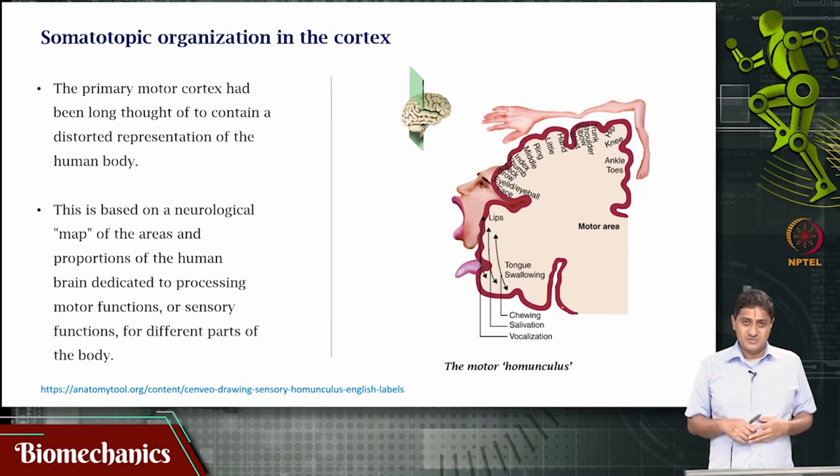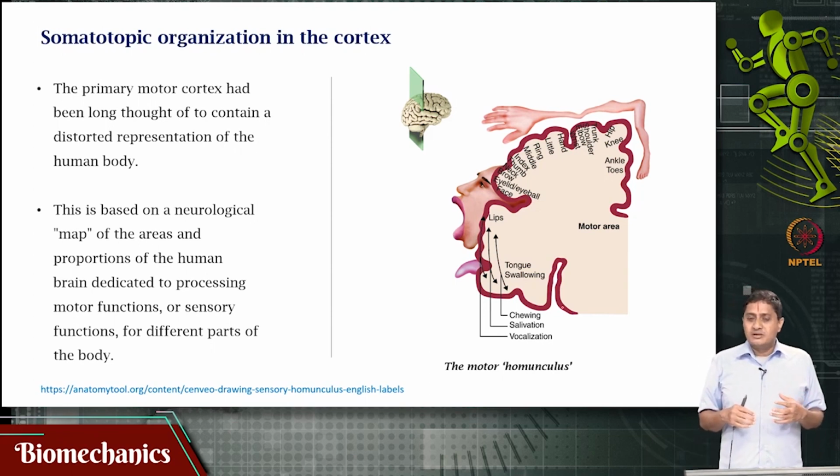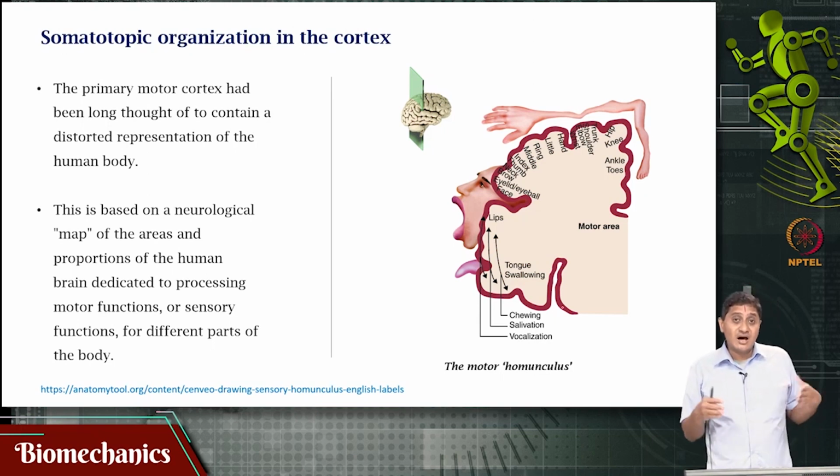So, although the hand and the face have a relatively small volume in the whole body, they are represented in a relatively large area, or the neurons that command these regions are spread over a relatively large area in the motor cortex.